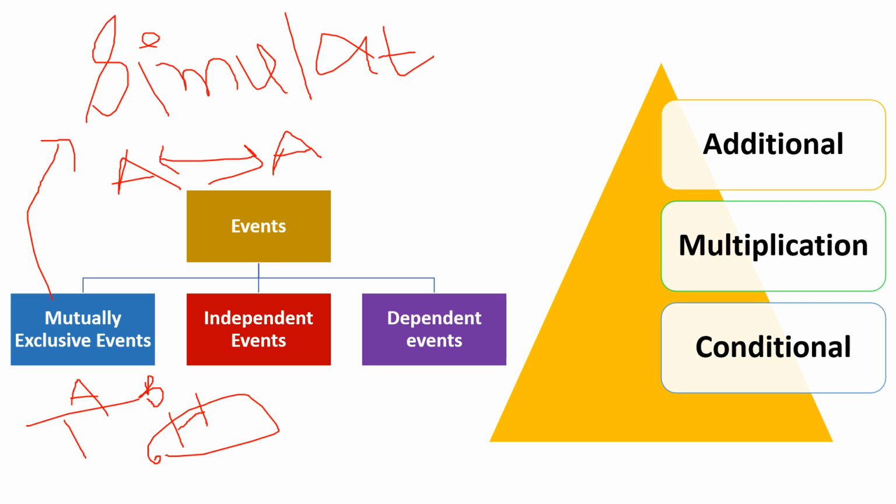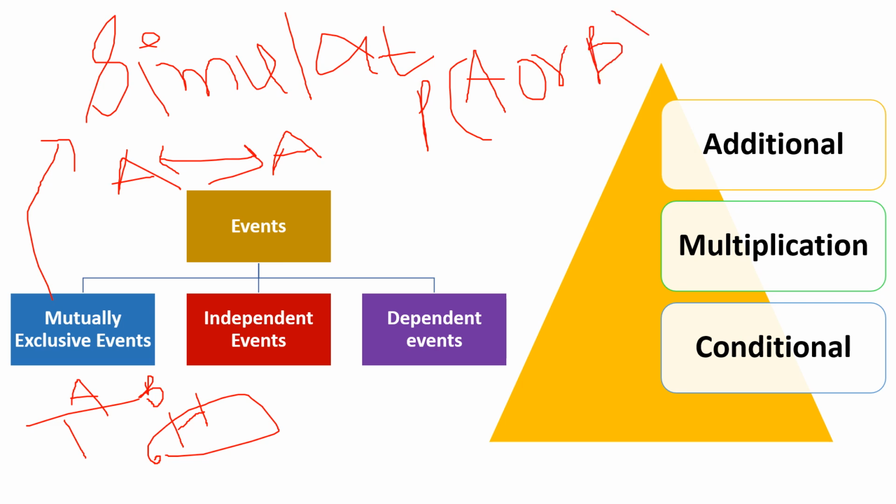To calculate the probability of mutually exclusive events, we use the addition theorem. The formula is probability of A or B, which means either A will occur or B will occur.